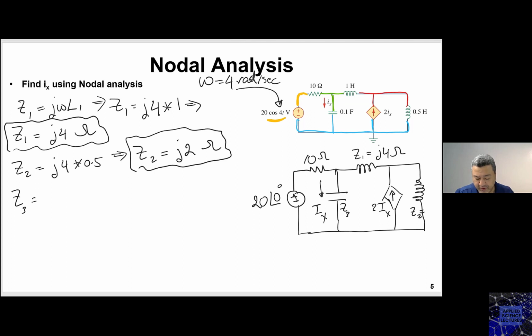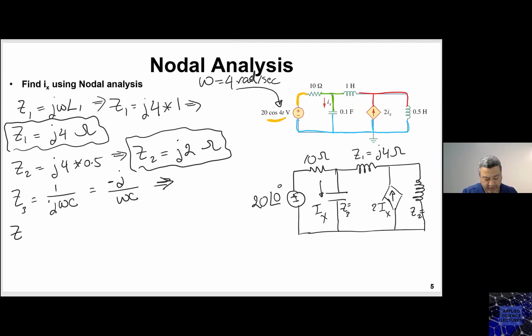Z3 equals 1 over j omega C, and this is minus j over omega C, right?